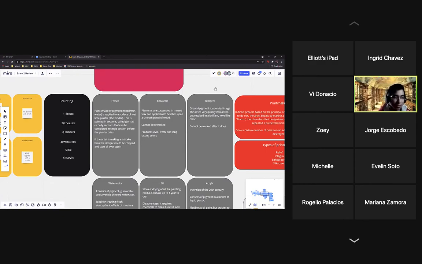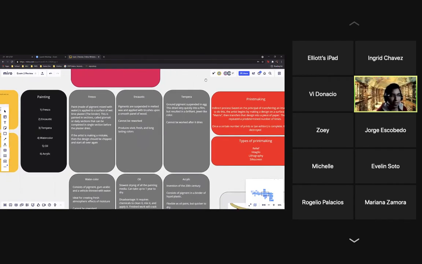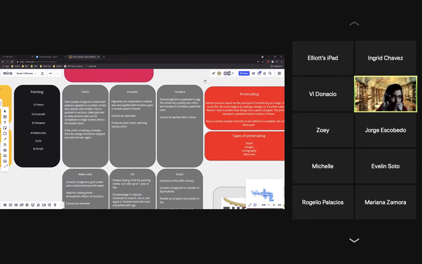For all of these, you kind of need to imagine if you were drawing it, so you can have a better understanding of what's going on. If you were drawing with wax, whenever it's dried out, you cannot rework it again. There's no way for you to erase something or just make it look better.